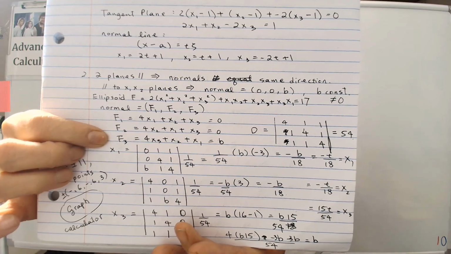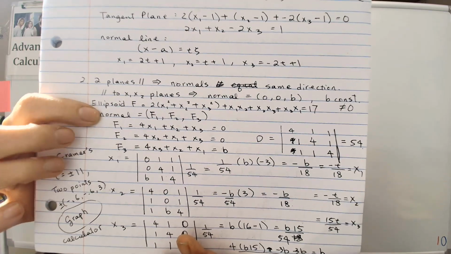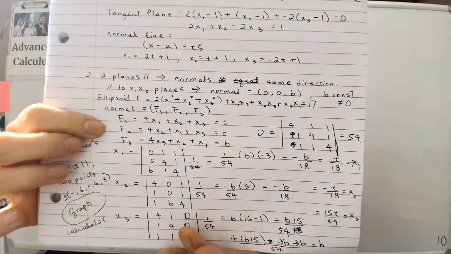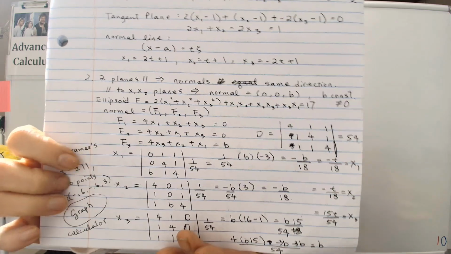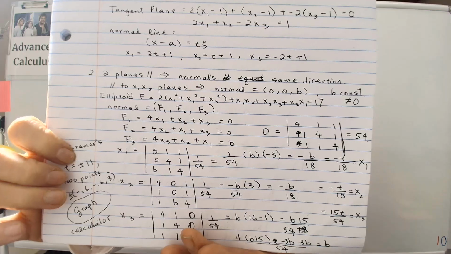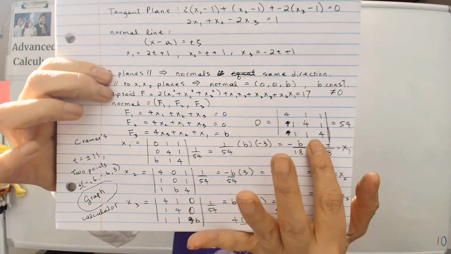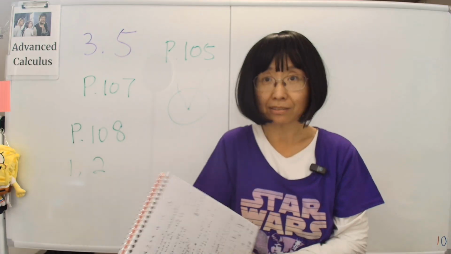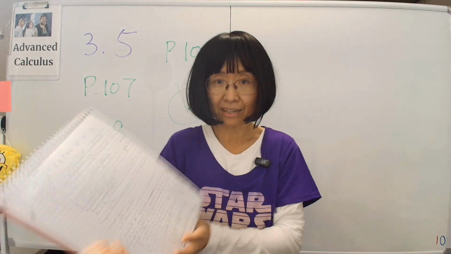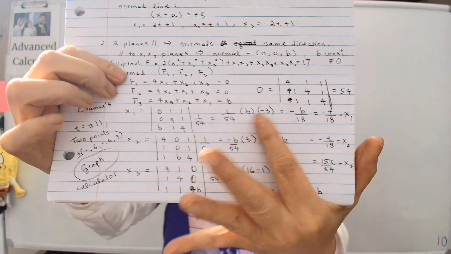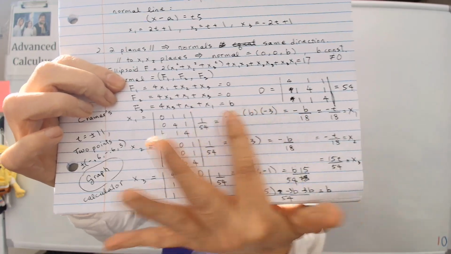If that's the case, then we need to solve for the point where this happens, right? So we're going to apply Cramer's rule, where I calculated the determinant over here with the determinant calculator, because I'm not about to actually do a determinant. The calculator gave me this number for this particular determinant, okay?